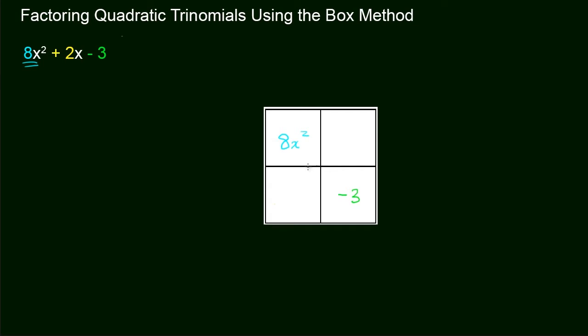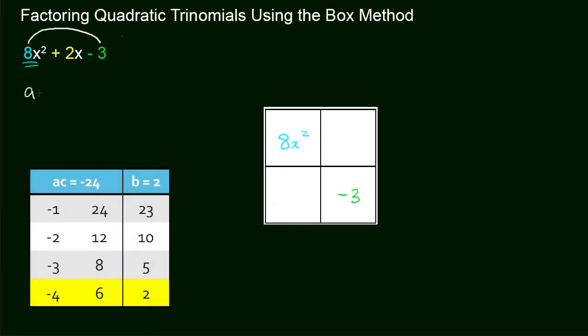To figure out what goes in this box, we need to know two numbers, a times c, that multiply to -24. So the product of a times -3, I want to get two numbers that multiply to -24. I also want those two numbers to add up to +2, which is my b term.